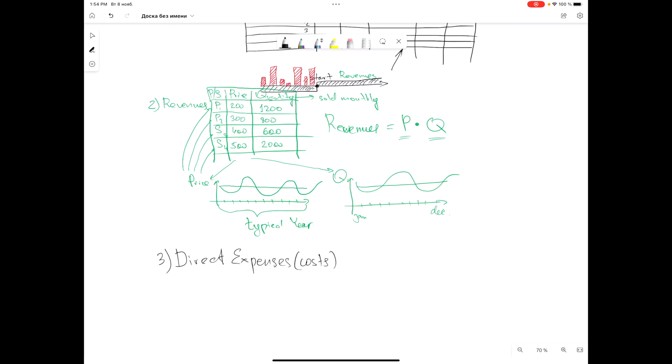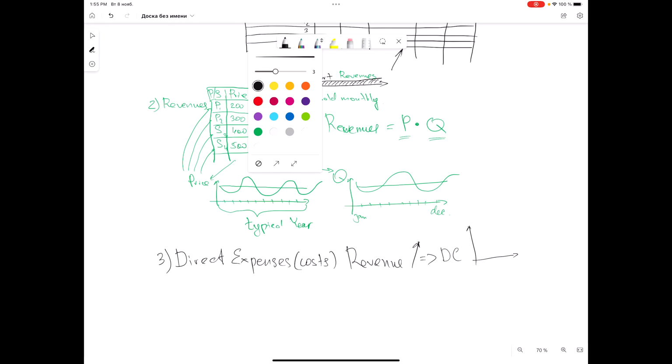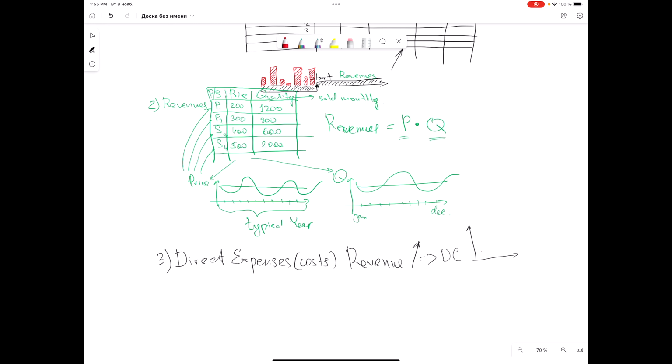So how can we specify what that is? If revenues grow, then direct costs will grow.